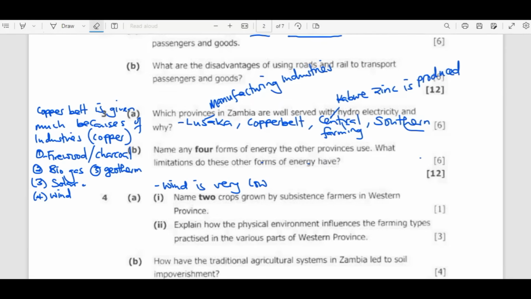So apart from that, the other one that we can look at is geothermal. So geothermal, the fifth one.